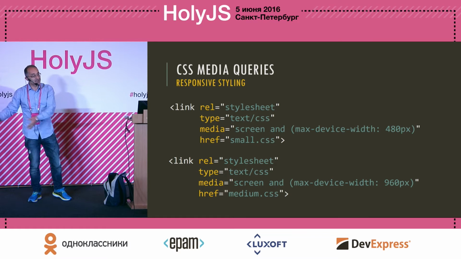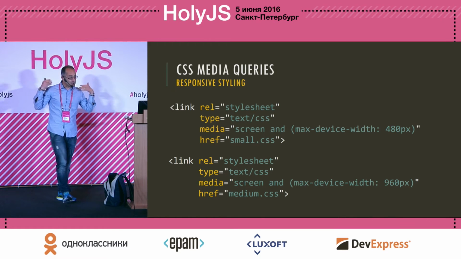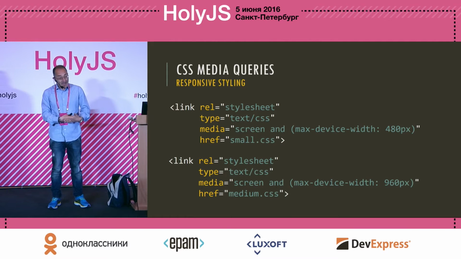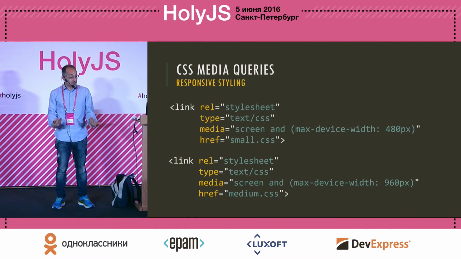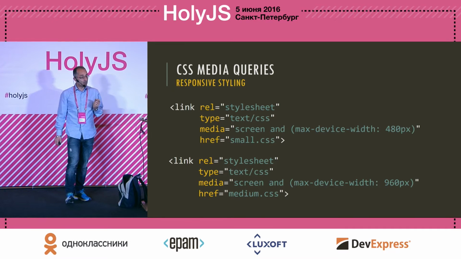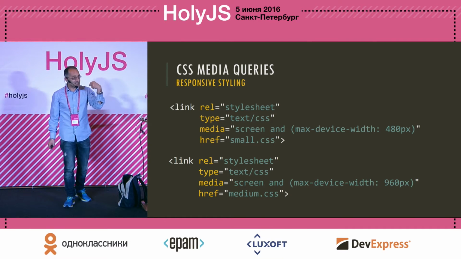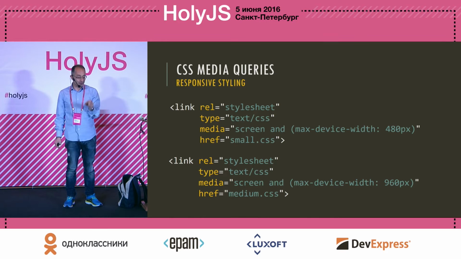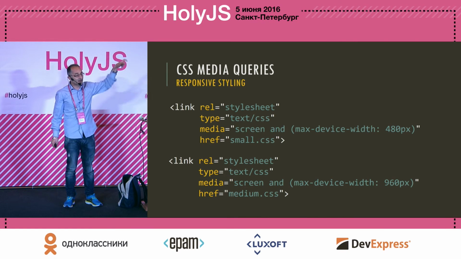What follows is a query, a logical query, based on properties, in this example max device width, properties defined by the CSS media queries standards. So there you can have keywords as defined by the CSS media queries standard, and as supported by the browser.